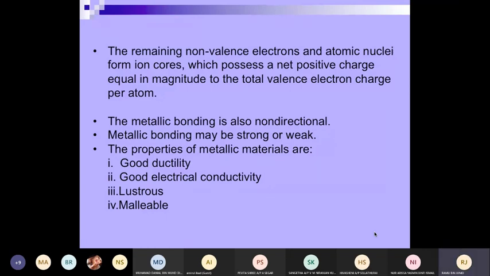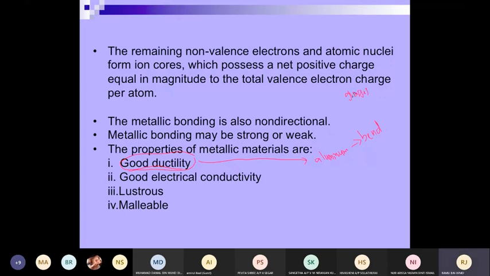The properties of metallic bonding are, first, good ductility. For example, aluminium or other metals can be bent. Can be bent, that means it is ductile. If it cannot be bent, for example glass, if you try to bend glass, it will break.